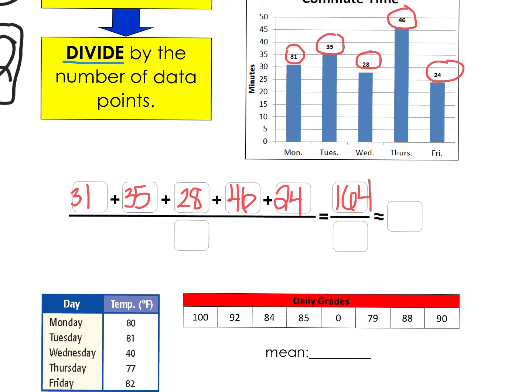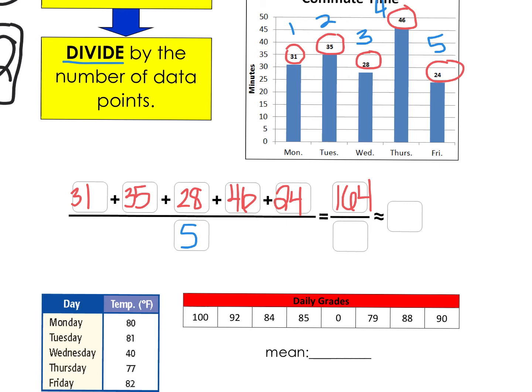Well, let's count. We added up 1, 2, 3, 4, 5 numbers. So since I added up 5 numbers, I would then divide by 5.